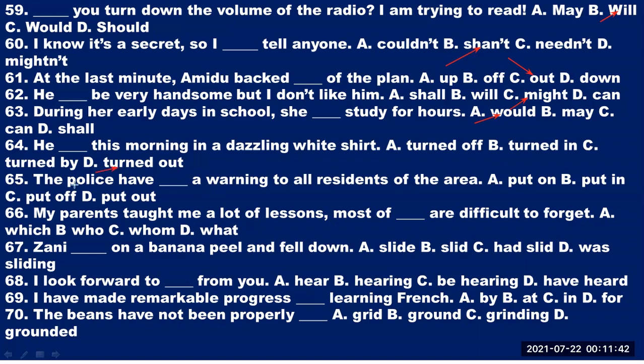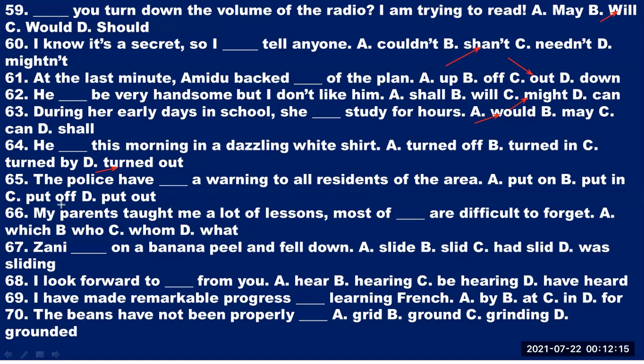Question number 65. The police have dash a warning to all residents of the area. A, put on, you can put on your clothes or your glasses, but certainly not a warning. Put in also is not correct. You can put something in something, but not a piece of information like the warning.